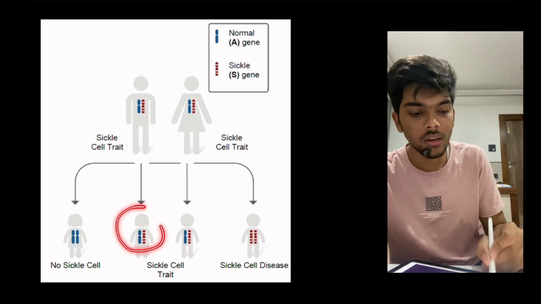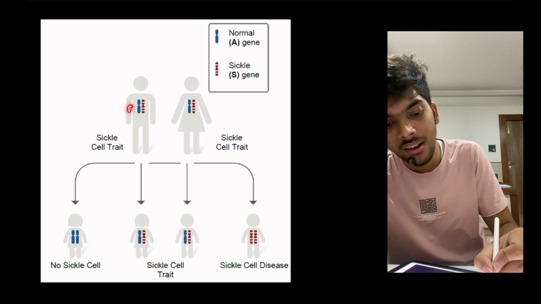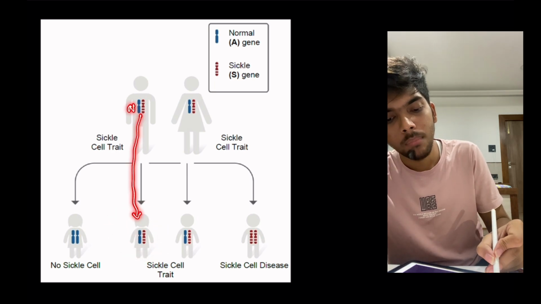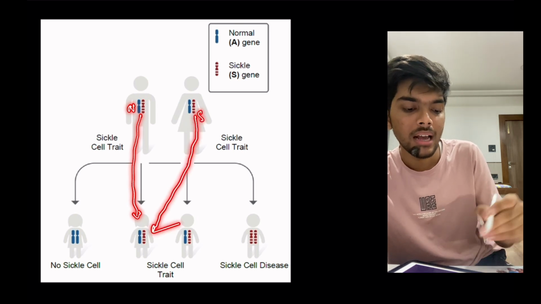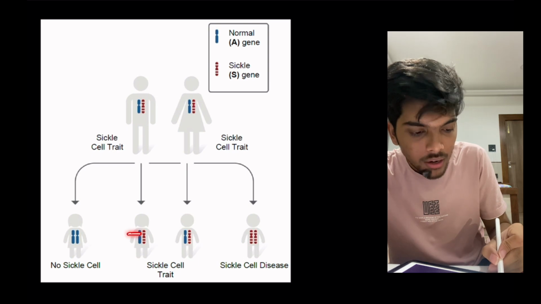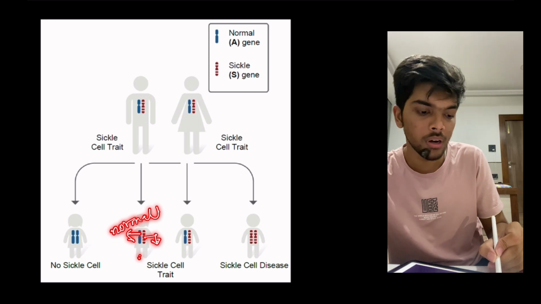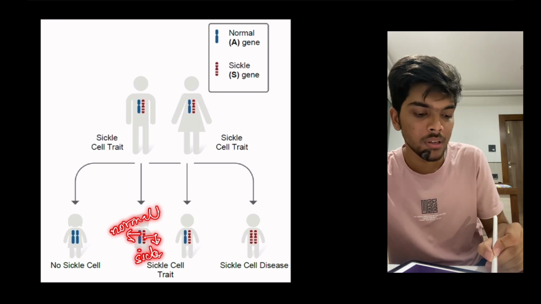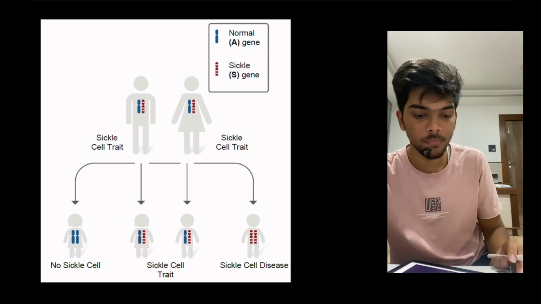As a result, the child does not have any sickle cell in his or her body. Now here is another offspring. This offspring gets the normal allele from father, but the sickle cell allele from mother. As a result, one allele codes for normal cells, while the other codes for sickle cells. So this child has sickle cell trait.